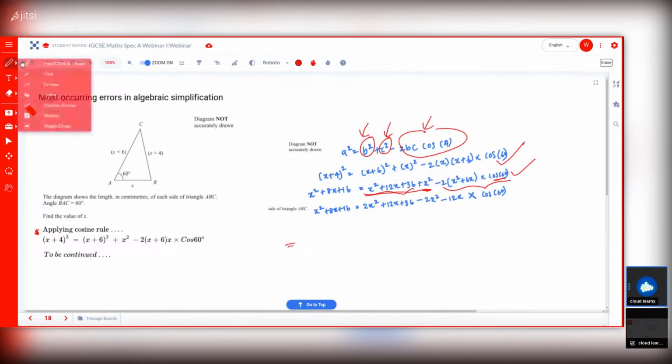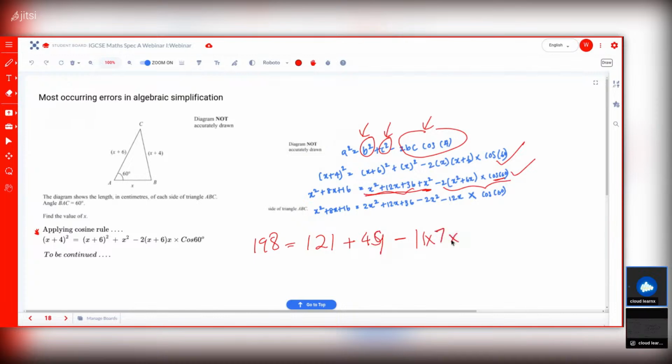You do your cosine rule, you get 198 equals 121 plus 45 minus 11 into 7 into cos, let's say, okay, I'll just call this a squared, right?